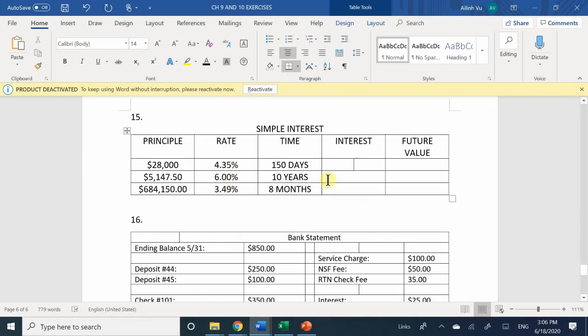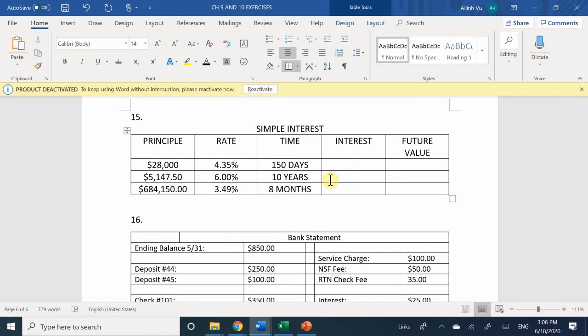That means this person is going to take it out within 5 months. So it's 0.4166666666.